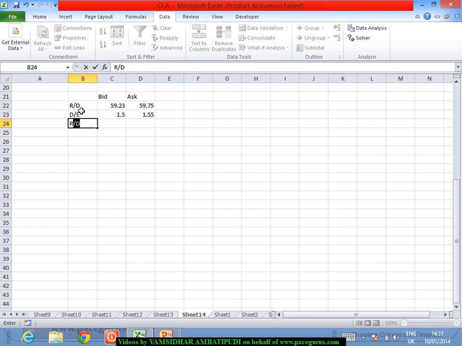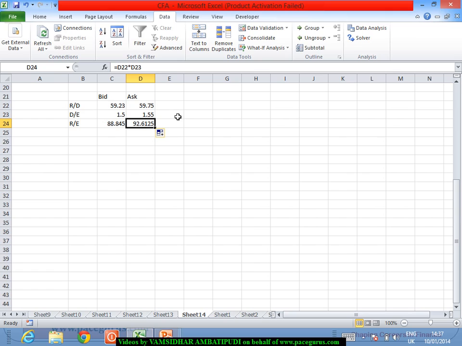Now if I want rupee to euro, this is what we call a cross currency rate, wherein I am using these two currencies, rupee per dollar and dollar per euro, and multiplying these two to arrive at rupee per euro: the bid rate is 88.84 and the ask rate is 92.61.